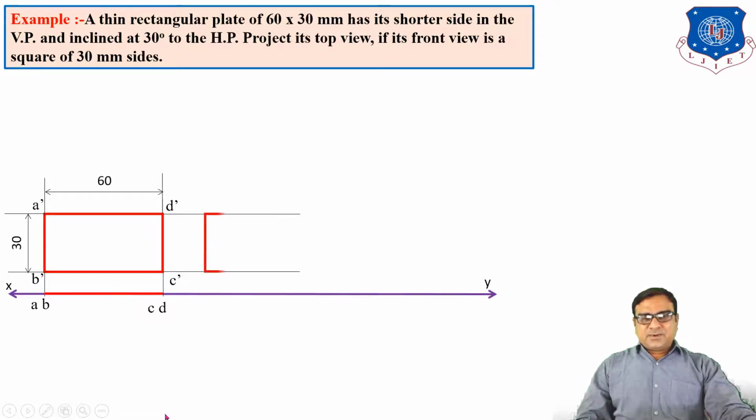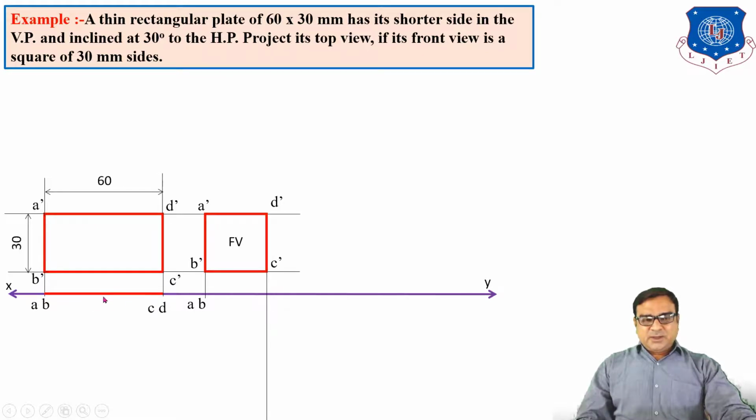So you have to draw the front view square of 30 by 30 sides first, A dash, B dash, C dash, D dash, and draw vertical lines. AB remains in VP, so AB will come on this XY line, and because the surface is inclined to VP, the length of the top view will be AD.